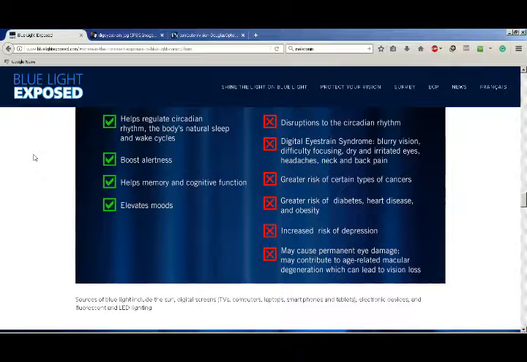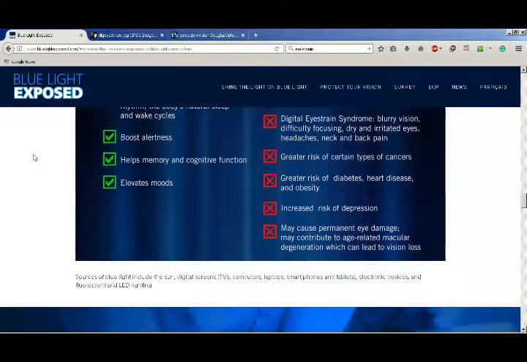Greater risk of certain types of cancers, greater risk of diabetes, heart disease, and obesity, increased risk of depression. It may cause permanent eye damage, and may contribute to age-related macular degeneration, which can lead to vision loss.